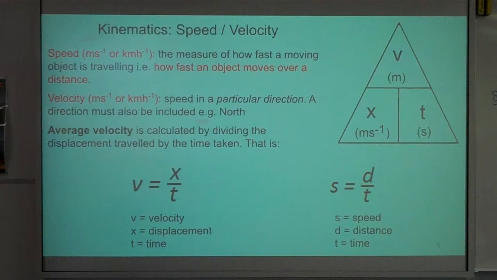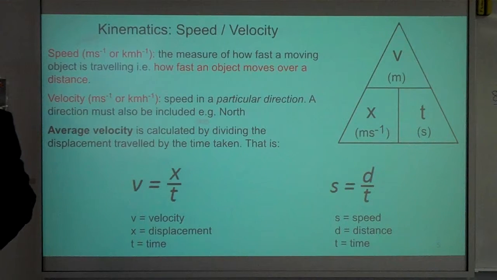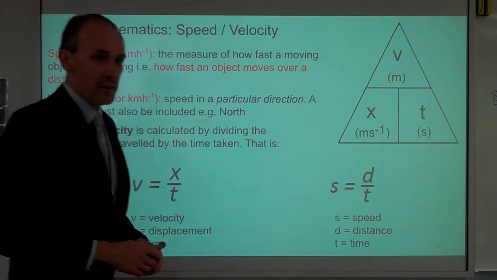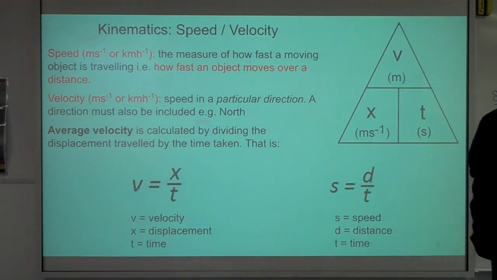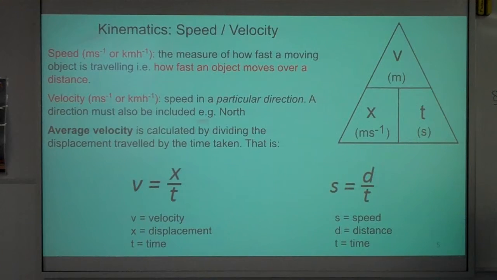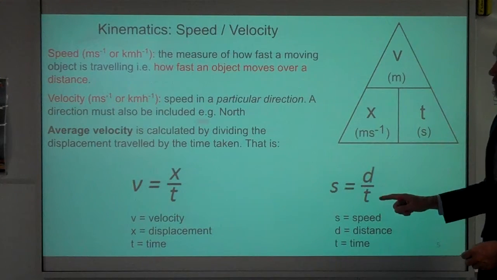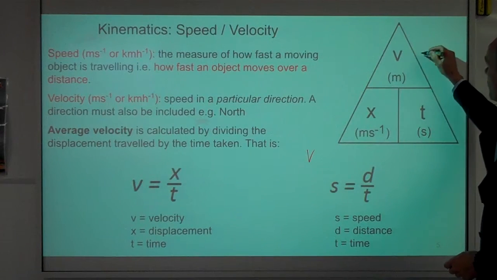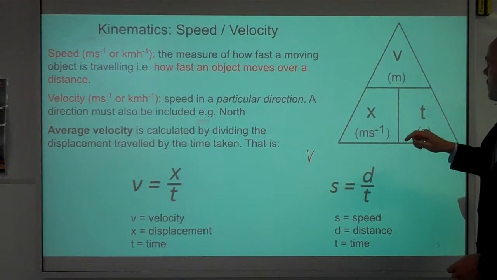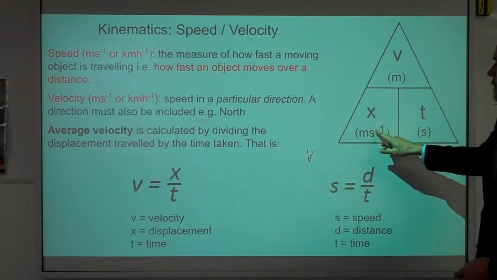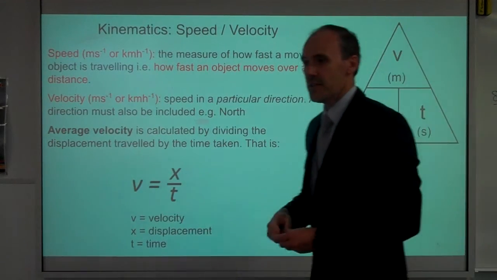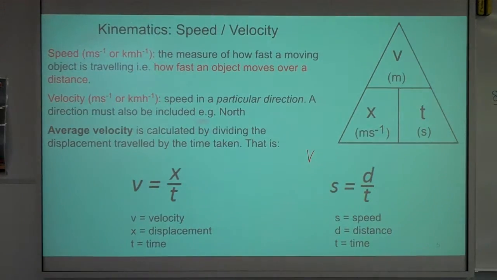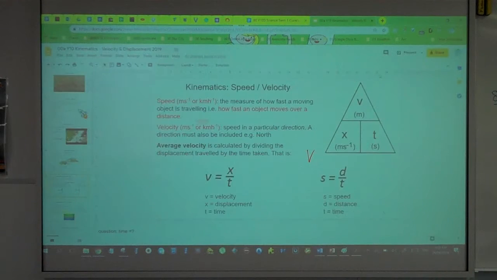You probably remember that one. I've given you the magic triangle. Does everyone know how to use the magic triangle? You want to draw the magic triangle down if you're not very good at manipulating equations. If V, so V here is, hang on, did I get that wrong? I think I've done a typo. I have. I made that this morning and I wasn't paying careful enough attention.